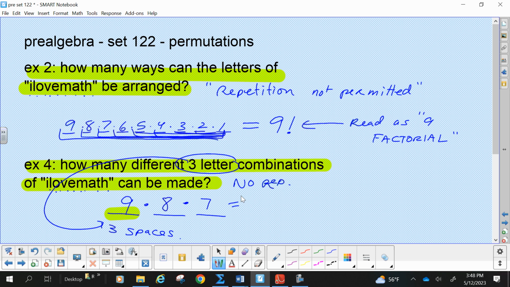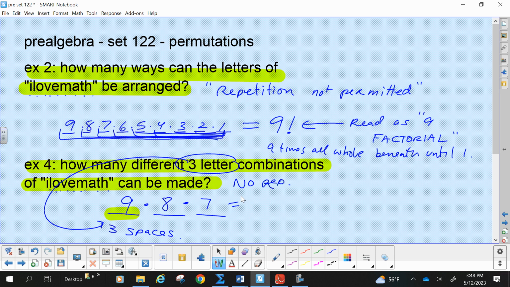Now, that doesn't have a factorial notation. Factorial means 9 times all the whole numbers beneath it till 1. This is not 9 times all the whole numbers beneath it till 1, so you wouldn't use a factorial here.